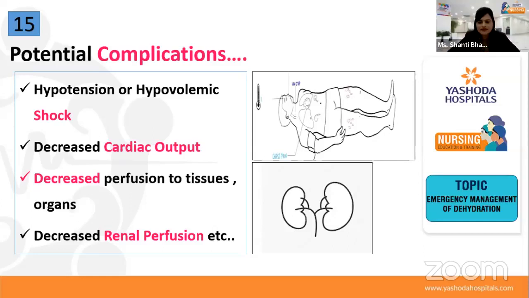When you fail to correct the volume adequately, hypotension sets in, causing a decrease in cardiac output. Once the cardiac output comes down, blood flow to all tissues is much less, becoming lower and lower and affecting the function of the cells.